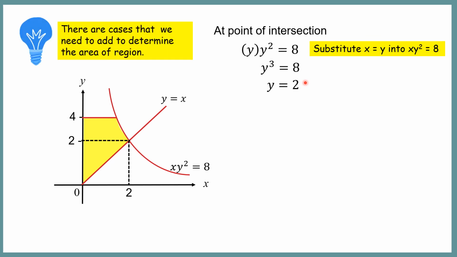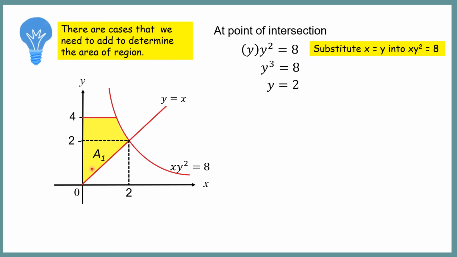Now, there are cases that we need to add to determine the area of the region. Refer to the diagram. The region can be divided into two parts. A1, the area that is bounded by the straight line y equal x, y equal 2, and the y-axis.